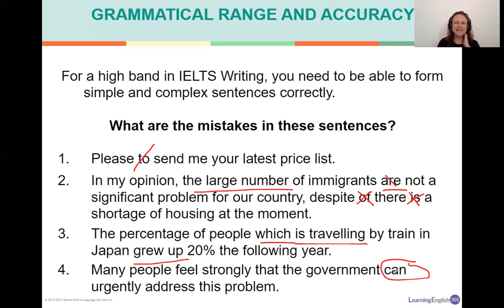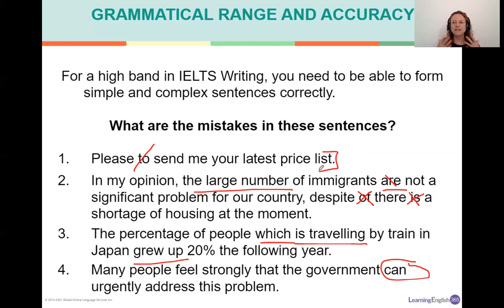Looking at those sentences again, which of those are simple sentences and which are complex? The only simple sentence is the first one. All the others are complex sentences. If you think about how we write generally, we will always have a mix of simple and complex sentences in our writing.